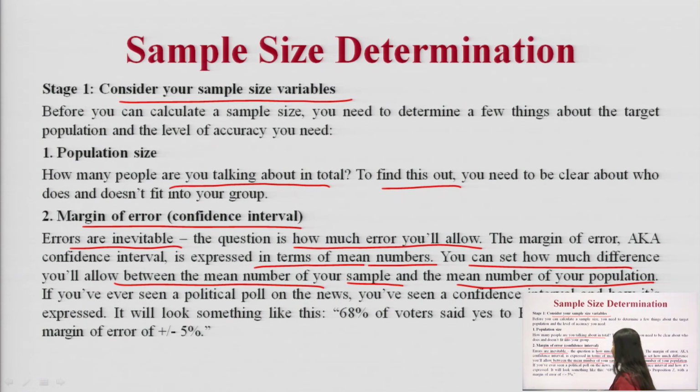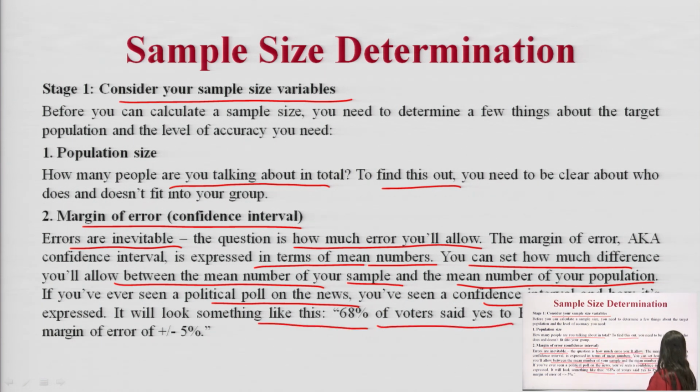Here is one example. If you have ever seen a political poll on the news, you have seen the confidence interval and how it is expressed. It looks something like 68% of voters say yes to proposition Z, meaning that many people are going to vote for it or agree with something.